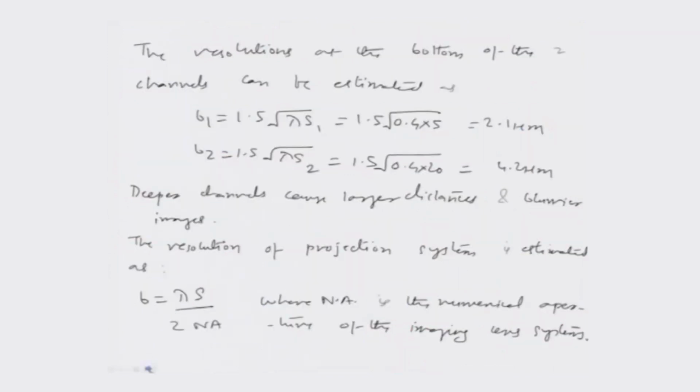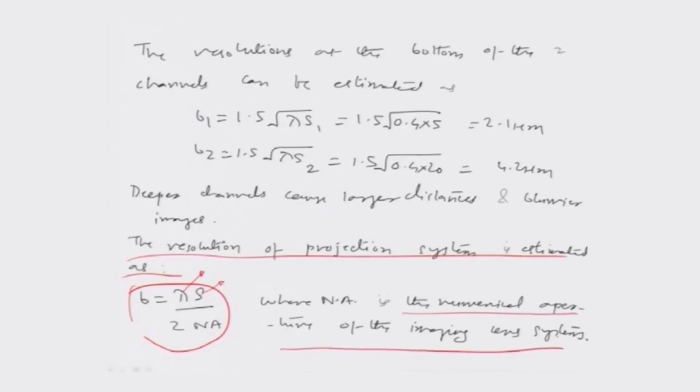Typically, you can have the projection lithography resolution equation expressed in a little different manner. It is given by lambda s by 2 NA, where lambda again is the wavelength, s again is the distance of the object from the masking layer, and NA is basically the numerical aperture of the imaging lens system.